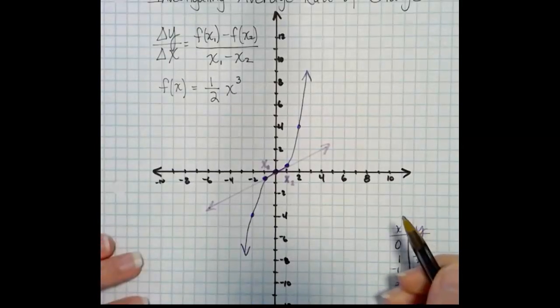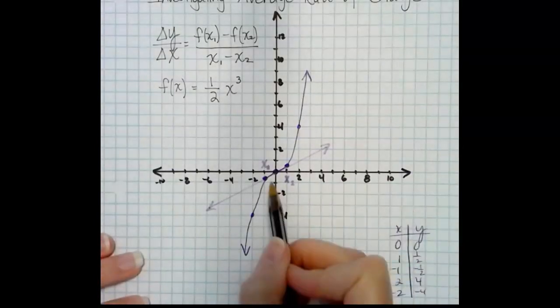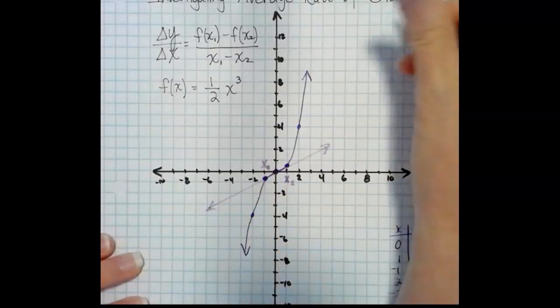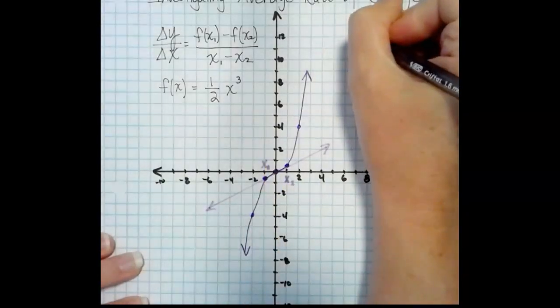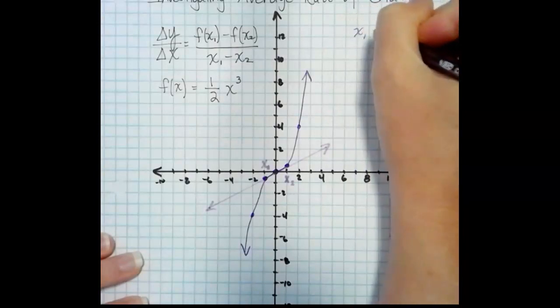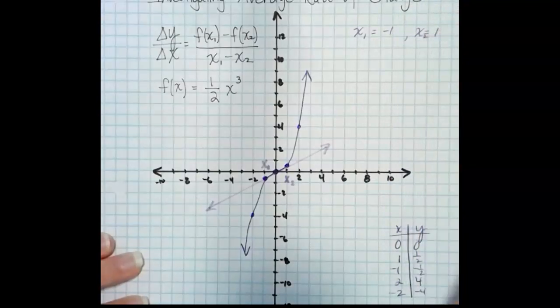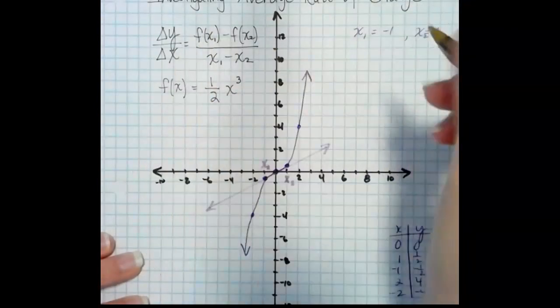But what would that average rate of change be when x sub 1 equals -1 and x sub 2 equals +1? So here we go. We're letting x sub 1 be -1 and x sub 2 be +1. So we're going to plug it into the formula here.